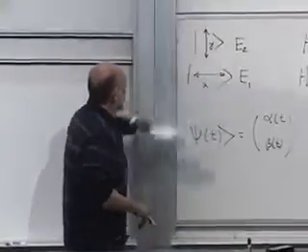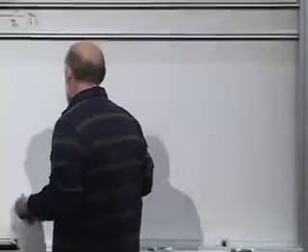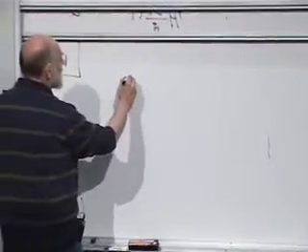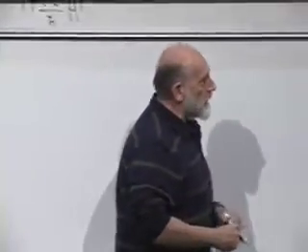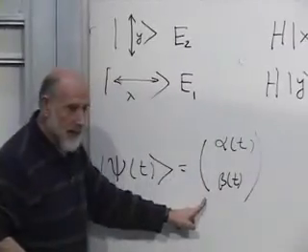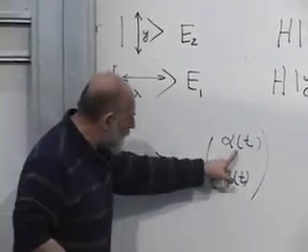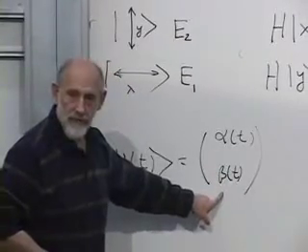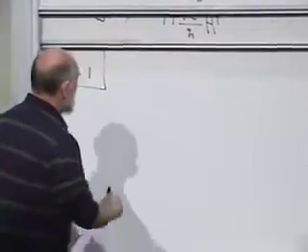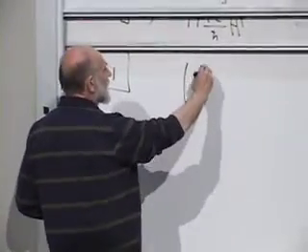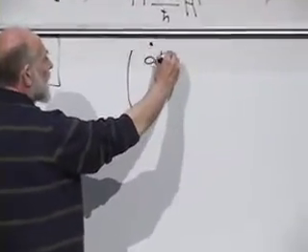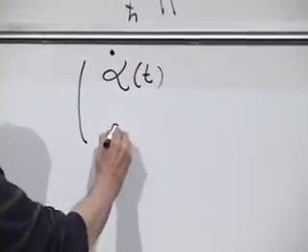Okay, so let's write this equation. d psi by dt, what does that mean? That means the time derivative of this column vector here. The time derivative of the column vector is just another column vector whose entries are the time derivatives. All right, so d psi by dt can just be identified with the column vector alpha dot of t and beta dot of t.